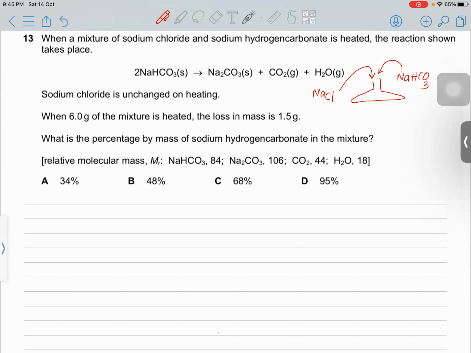Sodium hydrogen carbonate is added. Now heat it.